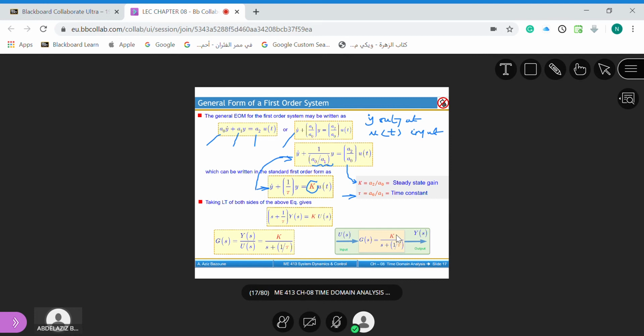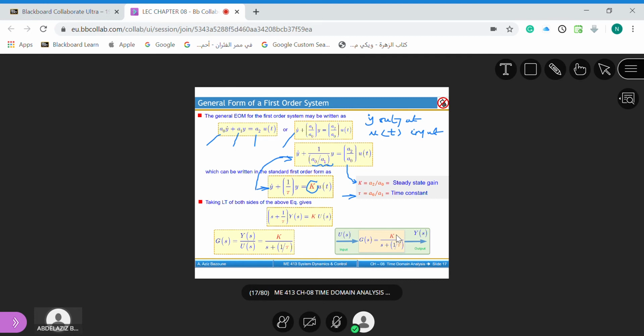All the previous equations, if you remember when we did the introduction for this lecture, I showed you how they all fall into this category. Either it is an electrical system, a mechanical system, whether it is rotation or translation, or a liquid level system, they all fall under this category, which is first order system.